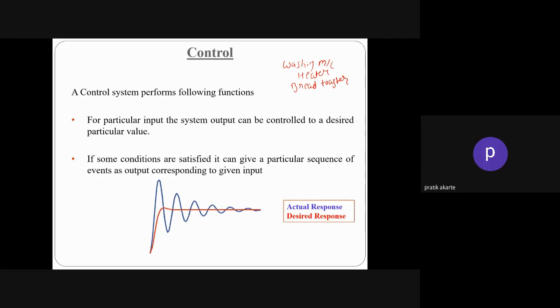If we want to represent any system, so this is one system. This has input and this has output. So this system must be controlled. If it is controlled, then we will be getting output with respect to input. All these control systems are designed by humans, but we must realize that we are not the only creators of control systems.